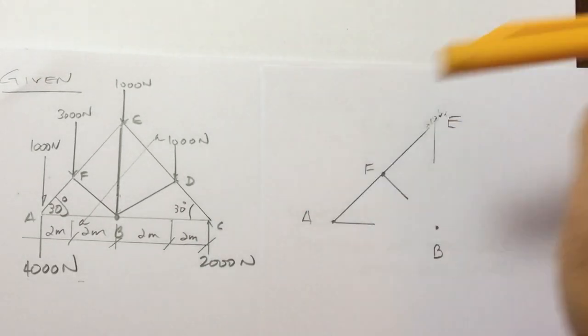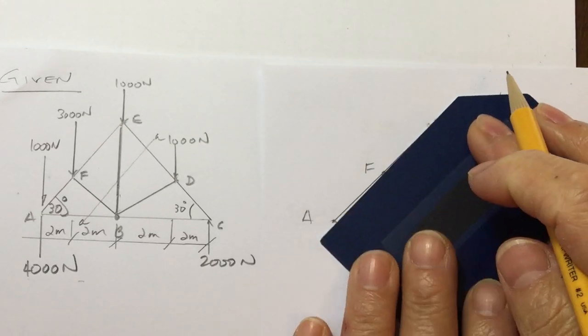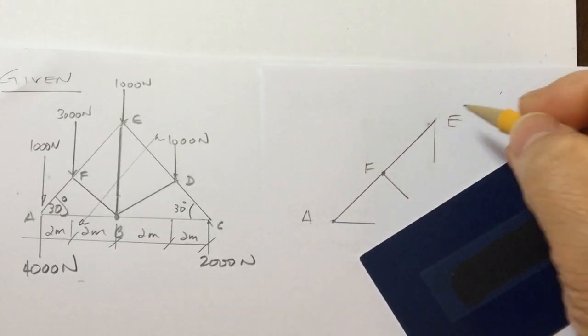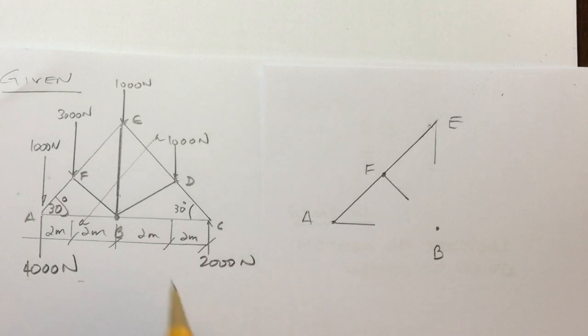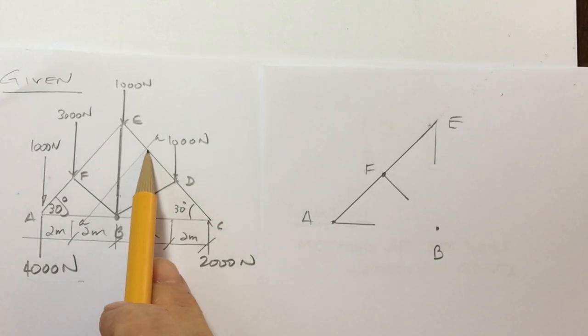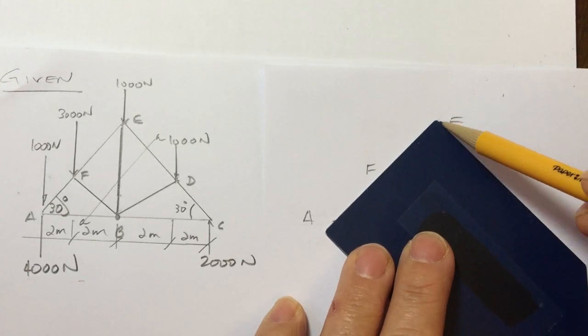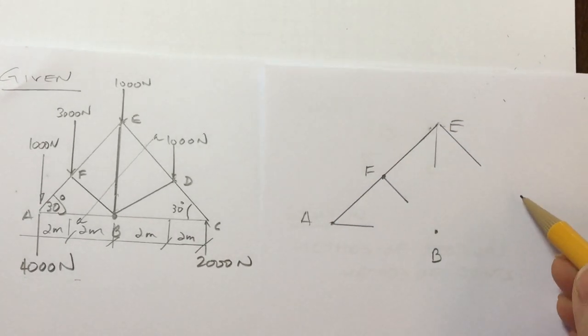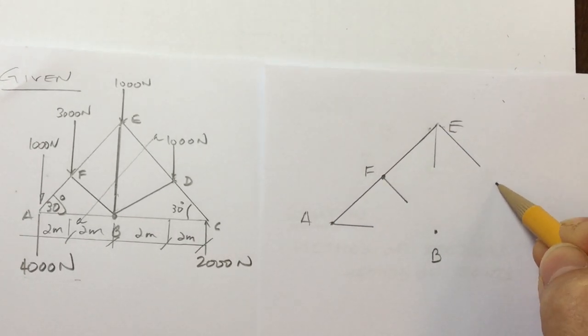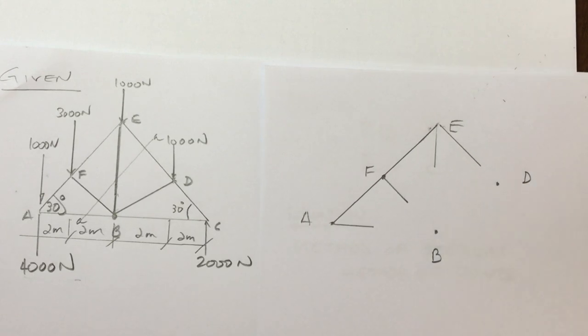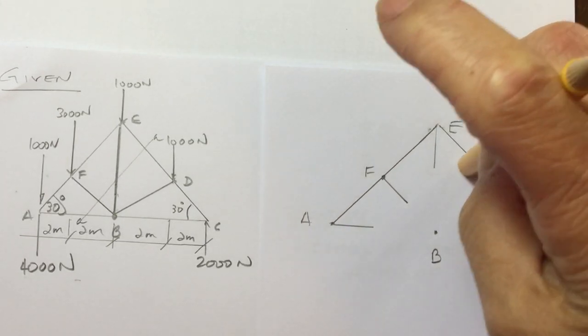Let's fix that. And I also have to draw the section of member ED. And D would be somewhere right here. Let me shorten this.